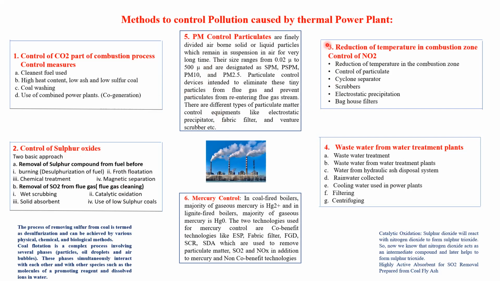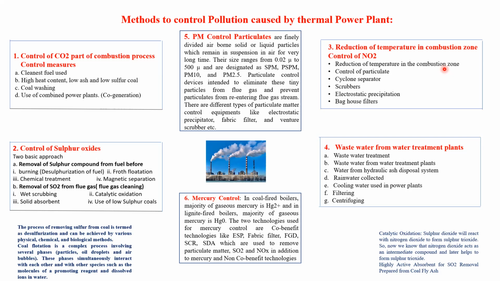Then the third one is reduction of temperature in the combustion zone. That is the control of NOx components. Reduction in temperature in the combustion zone: we have seen the 250 megawatt plant, where pulverized coal is used. The combustion chamber temperature goes around 1400 to 1500 degrees centigrade. If the temperature is higher and higher, there are chances of more NOx liberation along with the flue gases.